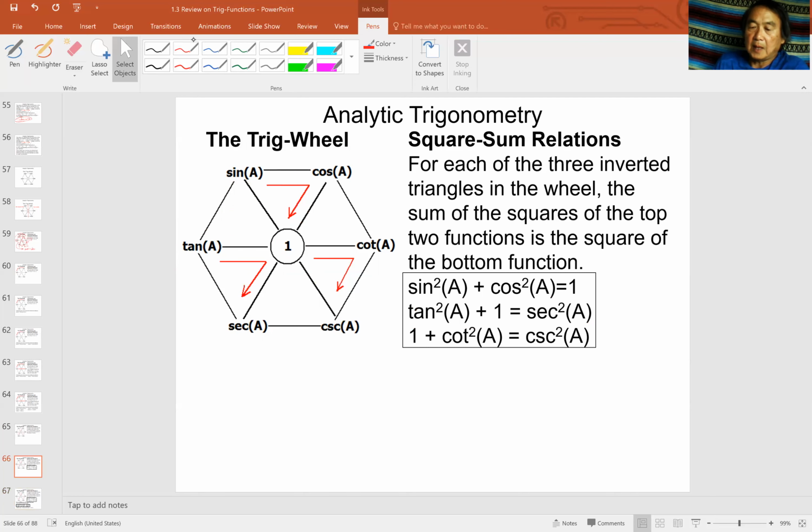Before I leave this formula, I want to point out these are the square sum formulas. But if I move a term, then the formula looks different.